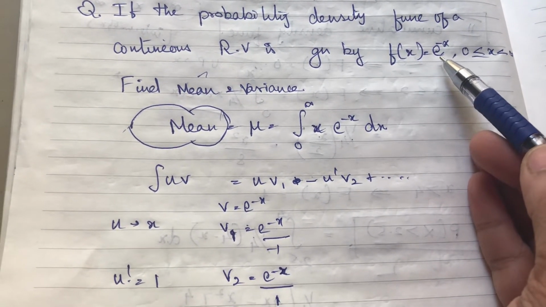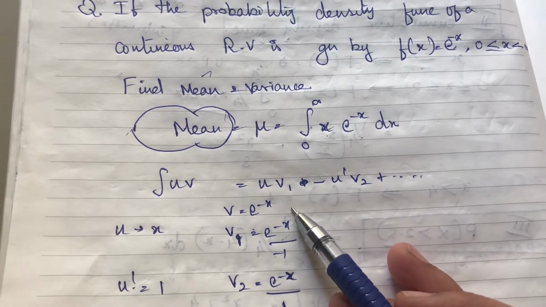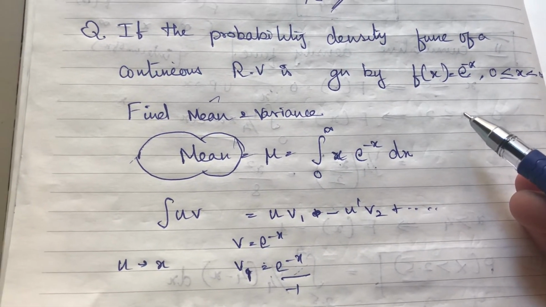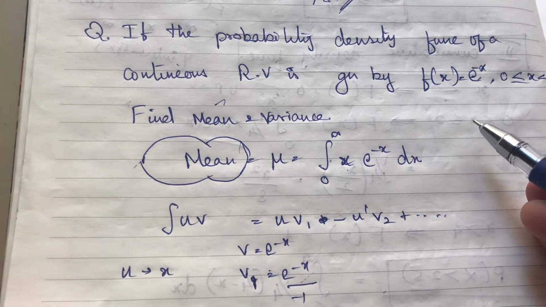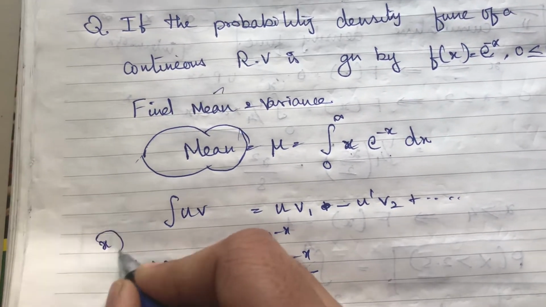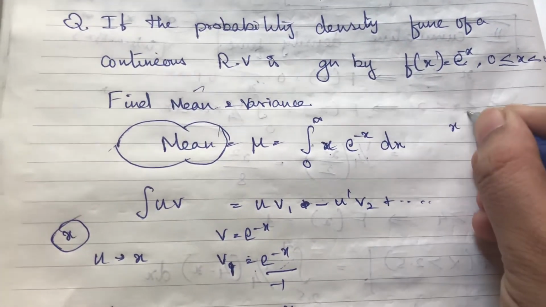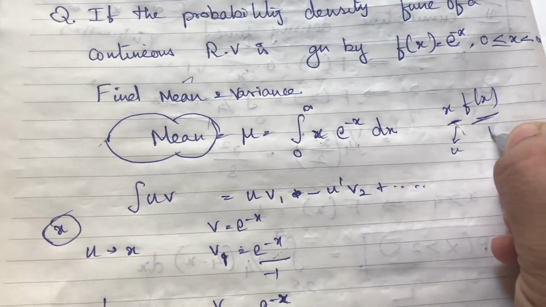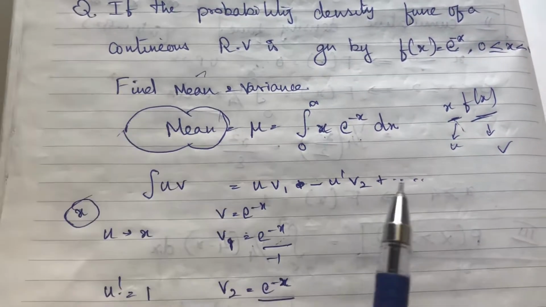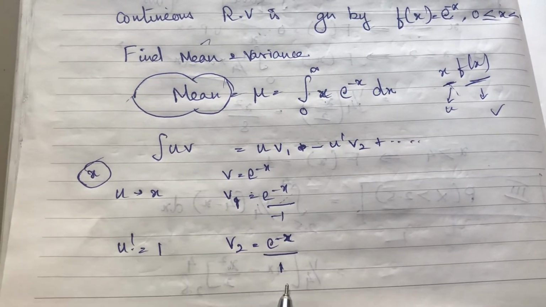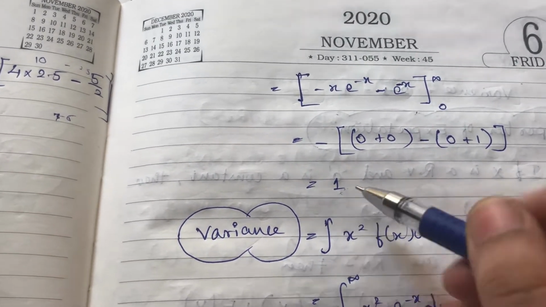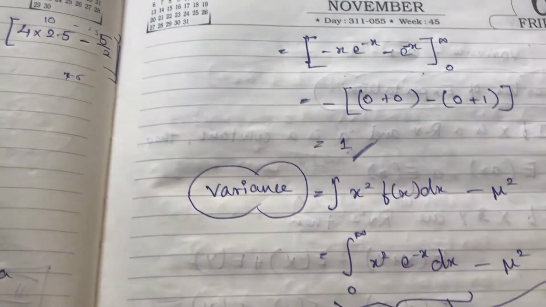E power minus x is v actually, and u is nothing but x, because we are saying x into f of x, right? So this one is for u and this one is for v. As you know, just find out all the values and substitute here. You will just substitute two terms alone and you will get a clear answer of 1.